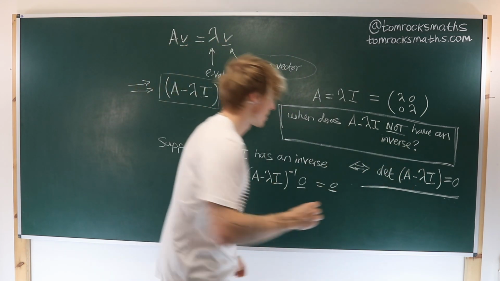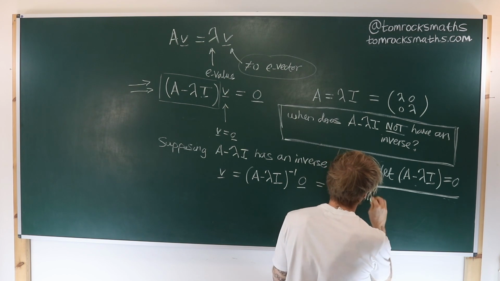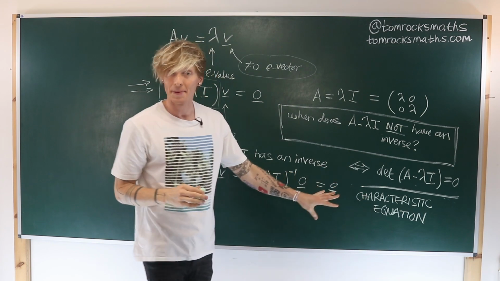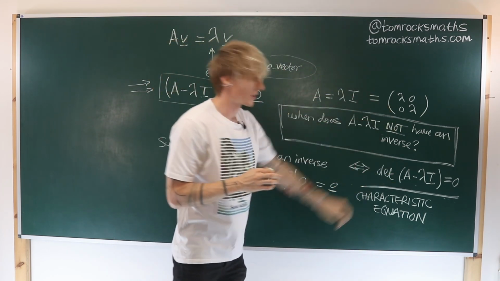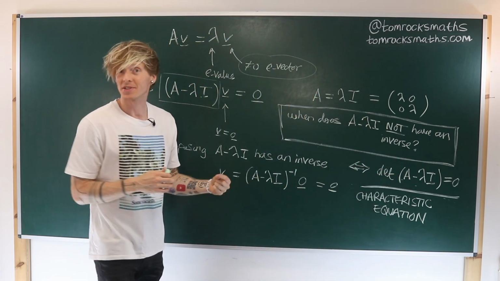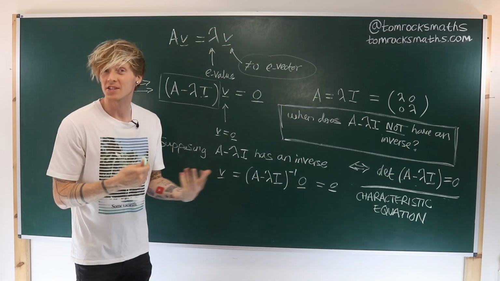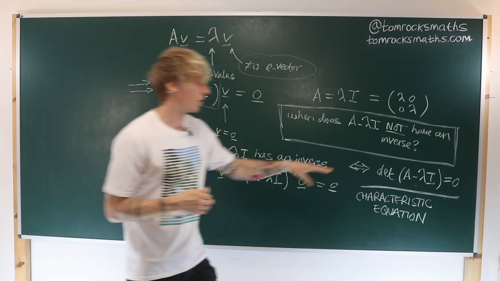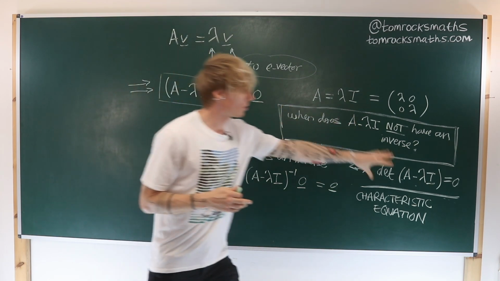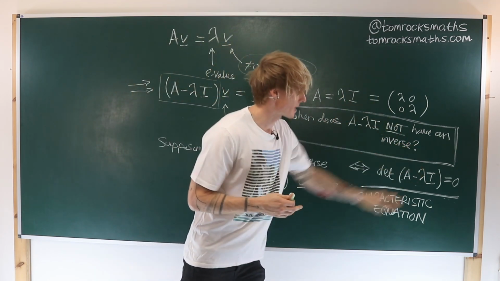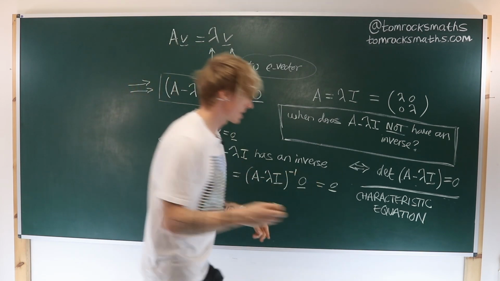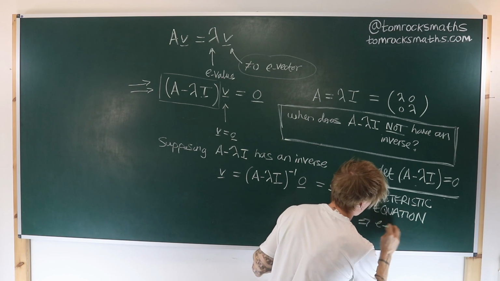And this is called the characteristic equation. So just to recap, we solve the determinant of A minus lambda I equal to 0. That will give us an algebraic equation for lambda, a polynomial in lambda. We find those roots to get lambda, the different possible eigenvalues. So this gives us the eigenvalues.